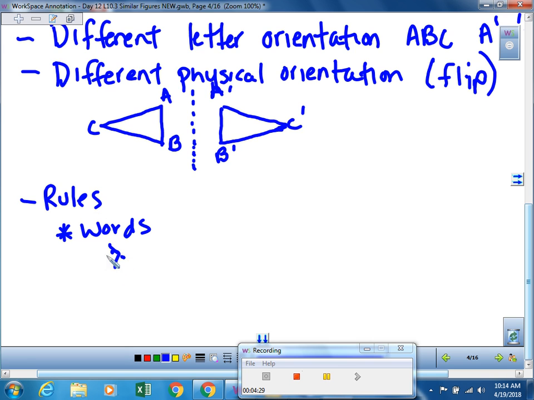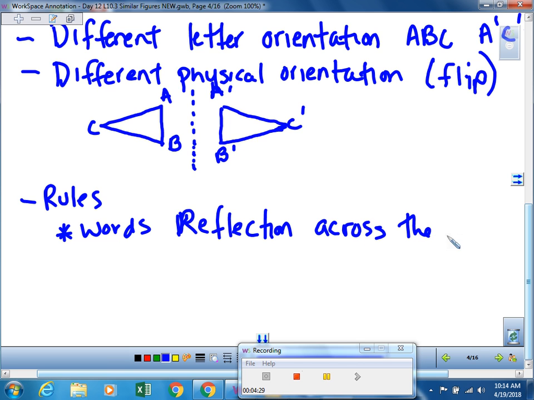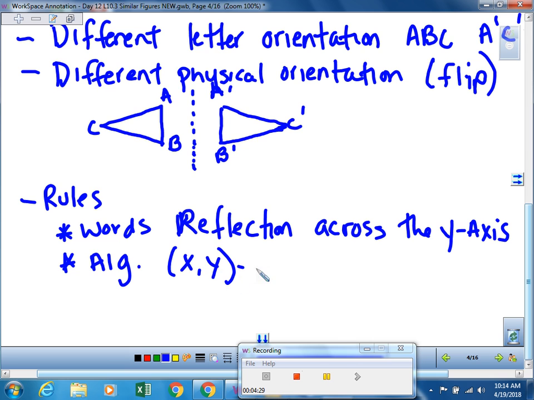So this is reflection across the y-axis. And then algebraic. If you're going across the y, that one is left alone, right? So you have negative x. You leave the y alone.